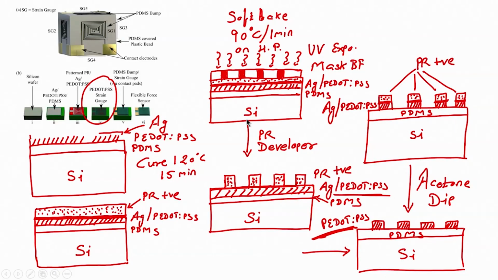from here, once we reach this particular stage, how can we form gold contact pairs? Okay. So, for that what will we do? We will have PDMS with PEDOT:PSS strain gauge, right.